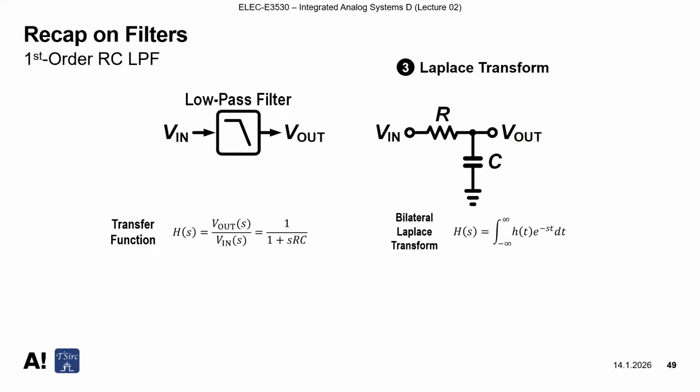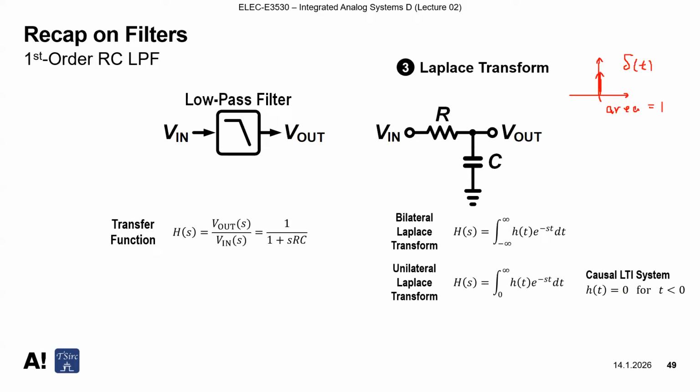The unit impulse function has an area equal to 1, and we multiply by e to the power of minus st and integrate over dt. This is the bilateral Laplace transform.